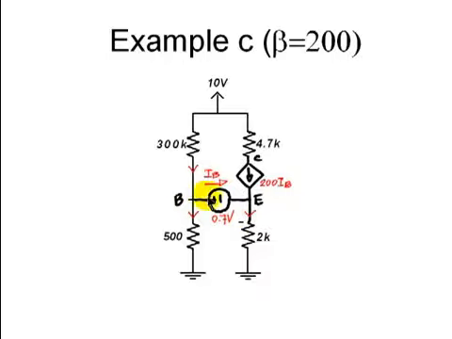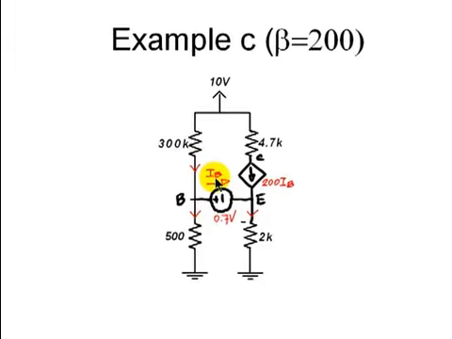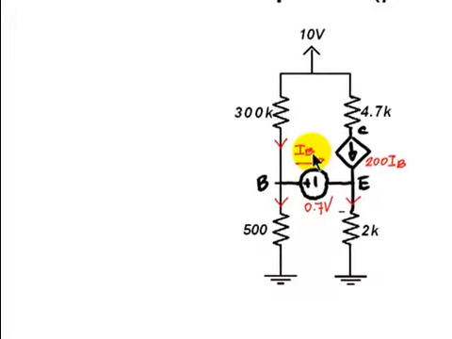Here B is higher than E because I am assuming first and foremost that the transistor is in its linear mode. Later on we will find out if we were right or not. In this circuit, I find IB. How? Let me use MNA.